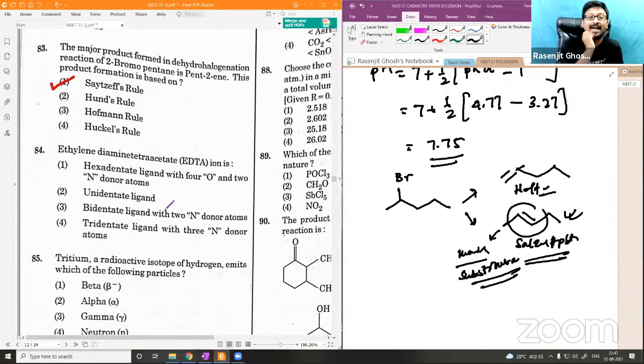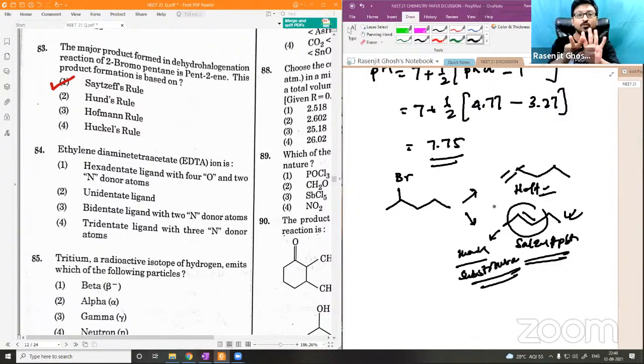Ethylene diamine tetraacetate is, first of all, EDTA. It's a complexing reagent, and definitely it is a ligand. Now, when I'm saying tetraacetate, there are 4 oxygens already there. And ethylene diamine, that is diamine, so that means 2 nitrogens are already there.